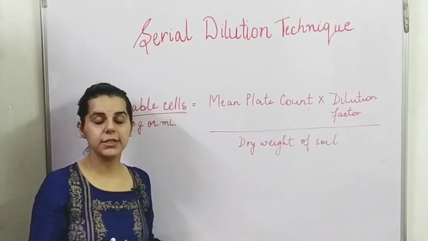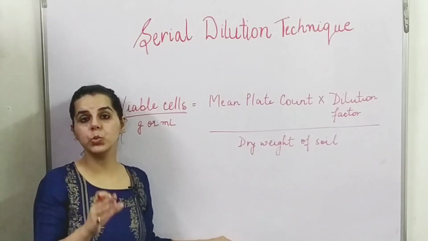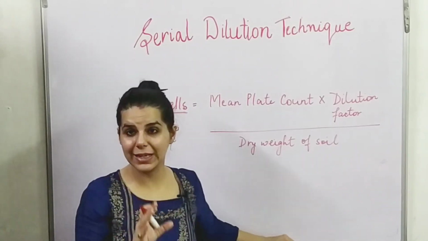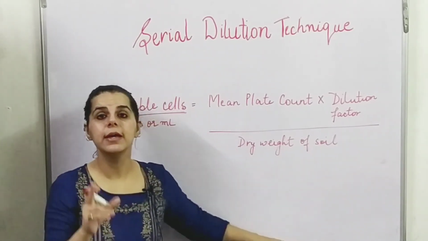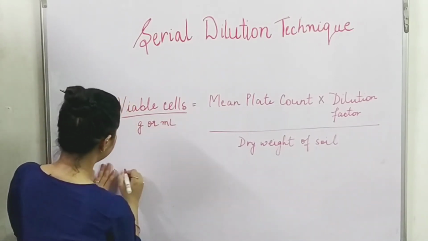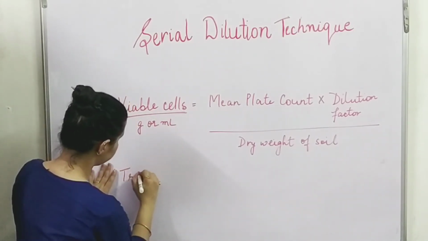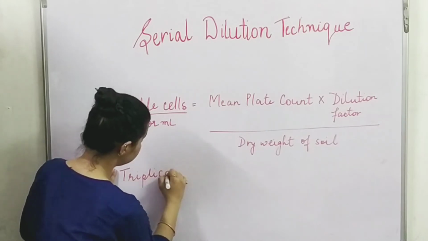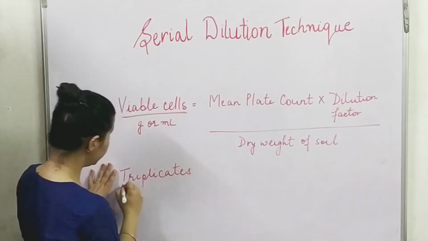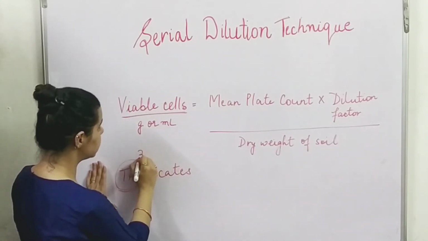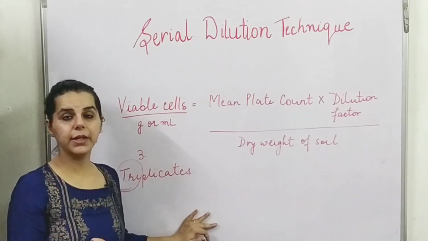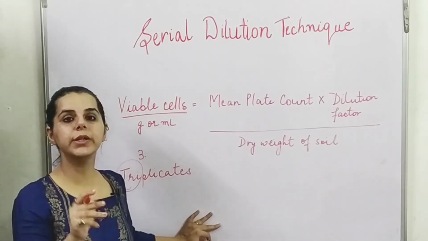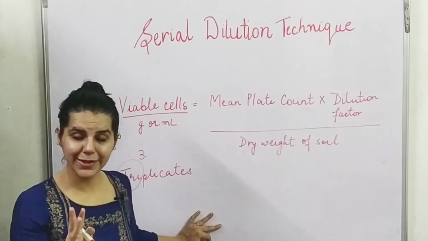But in reality, when we perform an experiment, we need to do it in triplicates. Here the word is tri, meaning 3. So for every dilution, you need to put 3 plates, right?